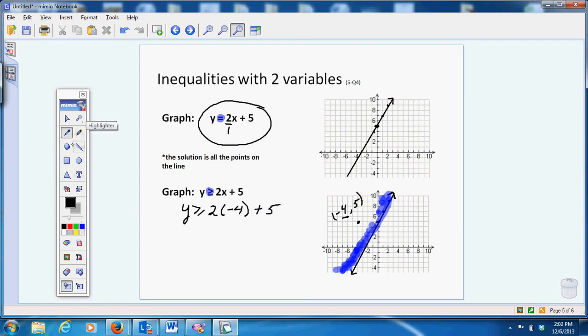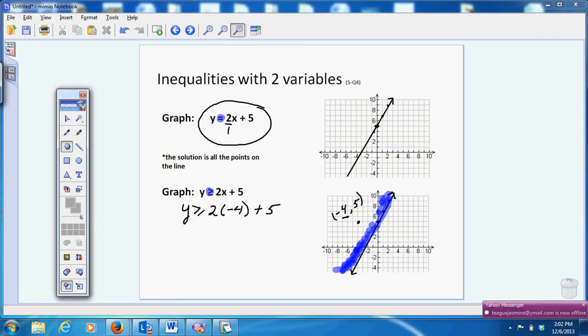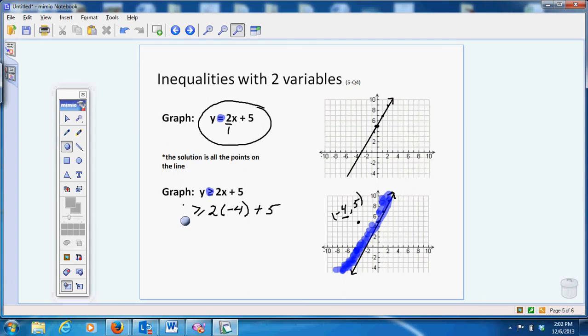I guess it would make sense to actually put 5 instead of y, because y is 5. See, I substituted negative 4 for x, 5 for y. Now I can simplify. 2 times negative 4 is negative 8. Bring everything else down. Do it one step at a time.